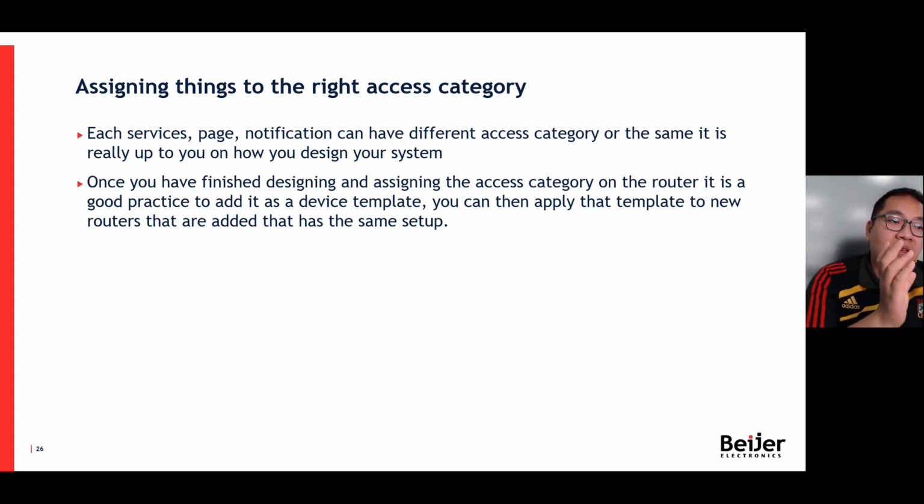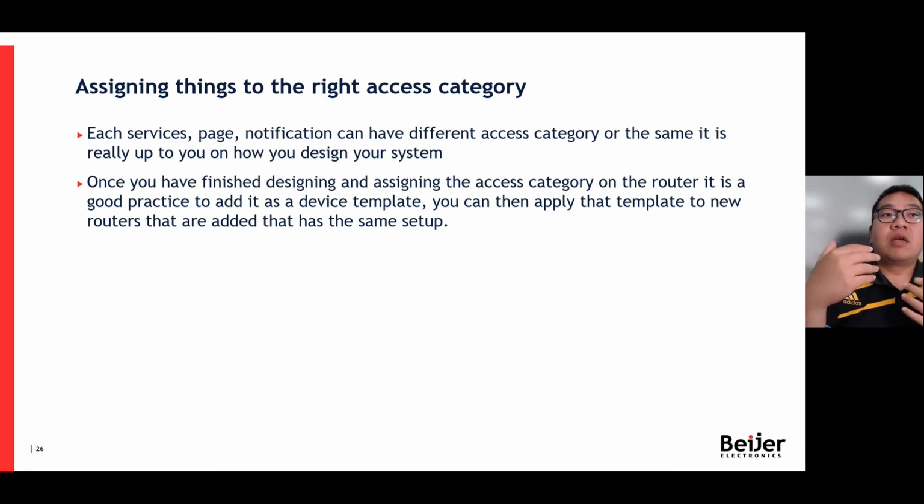So for example, you can have the VPN page, system overview, and notification share one single access category, but that's really up to you on how you want to design it as well. My personal preference is having distinct names for the different kinds of access you want, so you can give very fine detail in how to give the different kinds of user access when you are designing a user role. We do have some examples later as well.